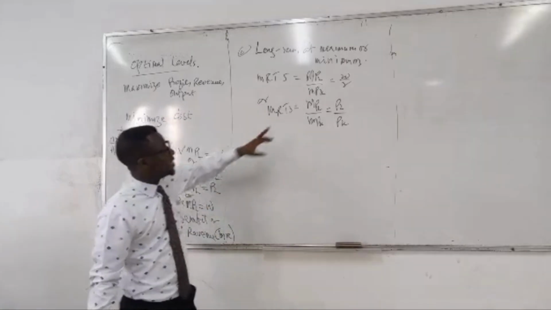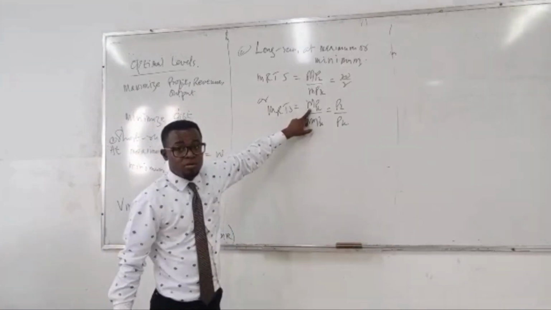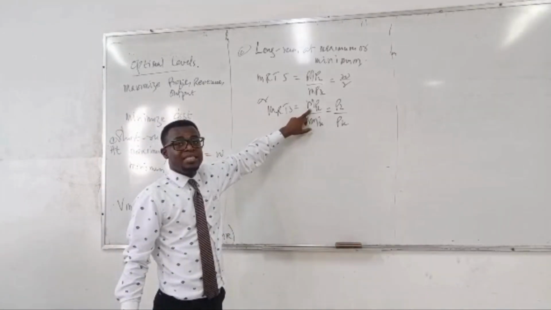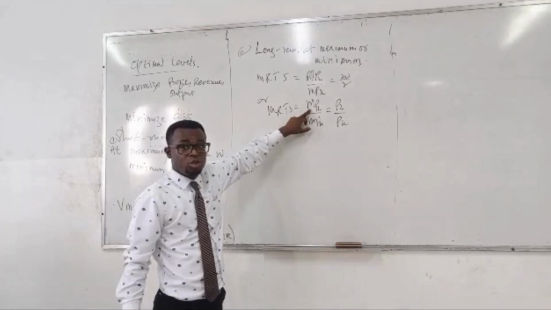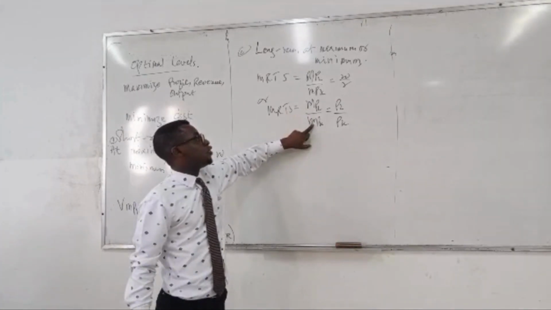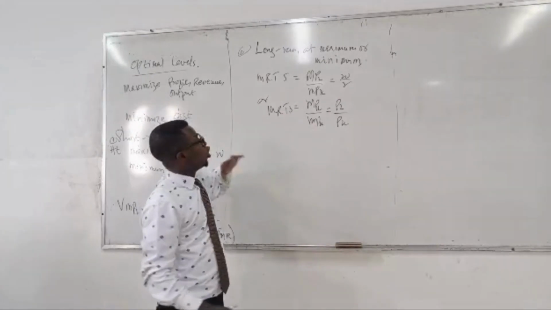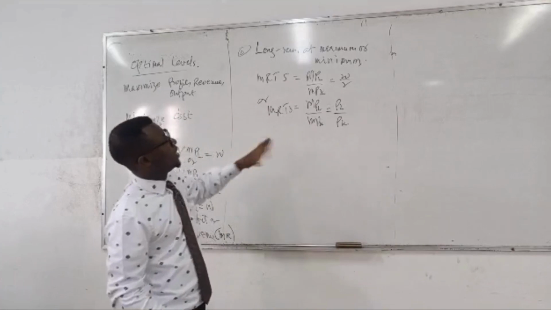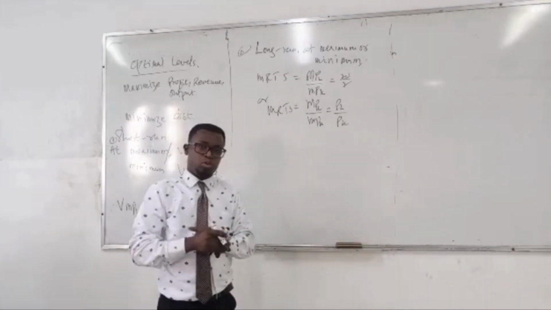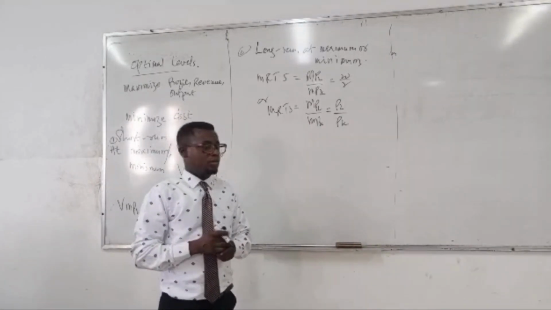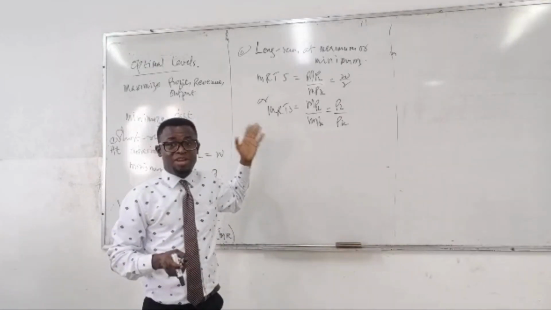And now we've learned how to find MPL, the marginal product of labor, in terms of a function using calculus, and the marginal product of capital in terms of a function using calculus. Basically, these are the major things we need to learn about. There are graphs which we have to do, but the graphs will be done later on.